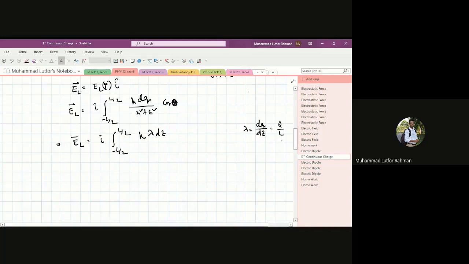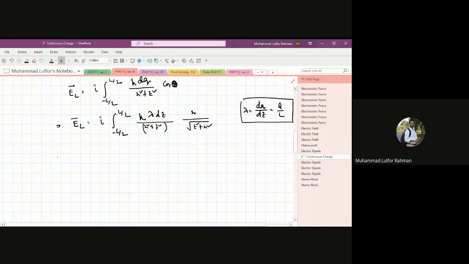So this is called the linear charge density. I replace that dq by lambda into dz, divided by x square plus z square into cos theta. We define that part actually as x over root of z square plus x square.